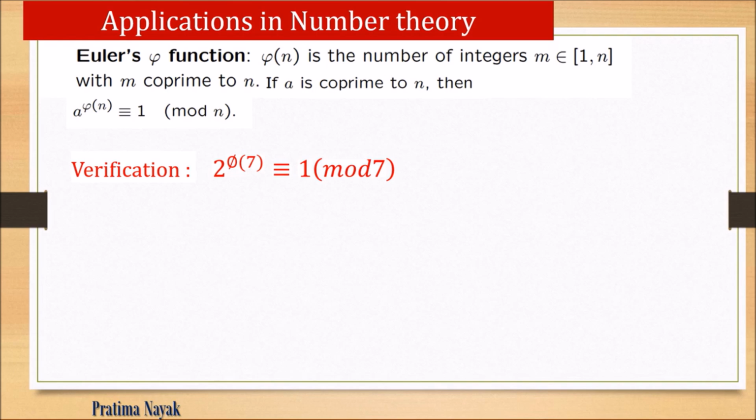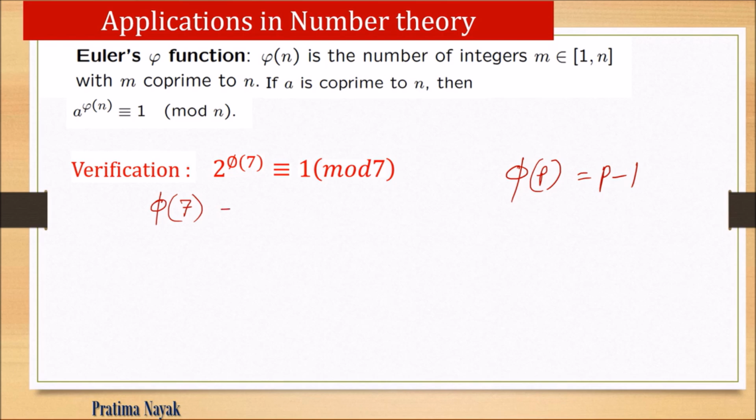So let us verify. I have taken 2 power phi of 7 is congruent to 1 modulo 7. Let us see. First I'll calculate phi of 7. We know that 7 is a prime number. When it is a prime number, phi of p equals p minus 1.